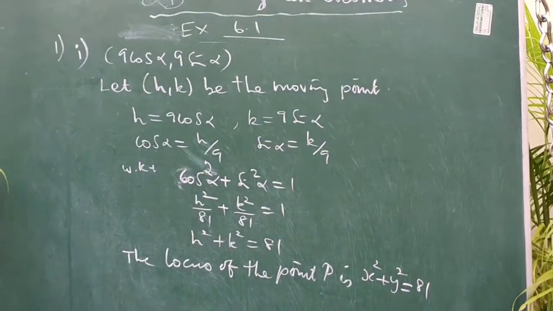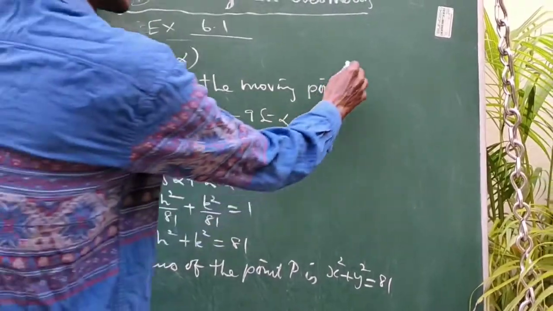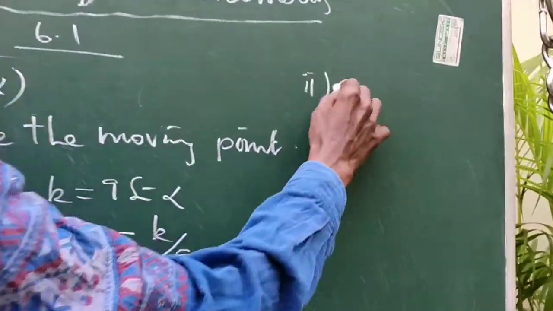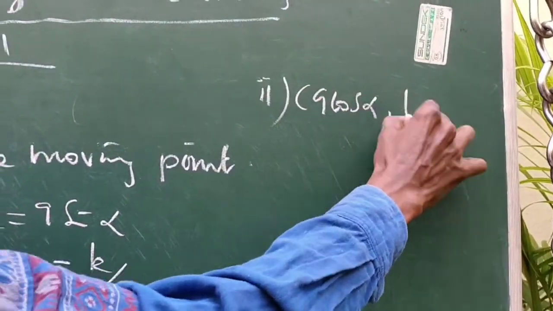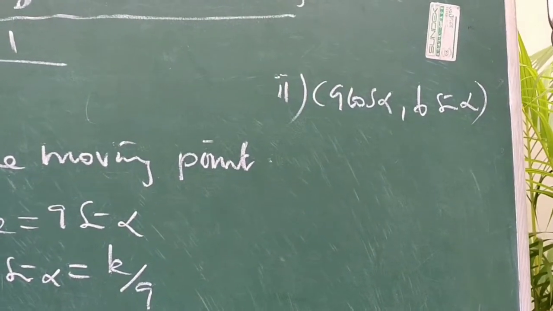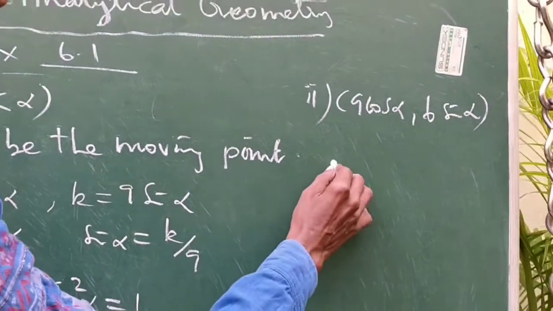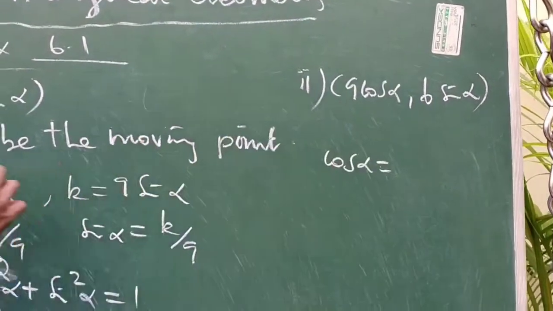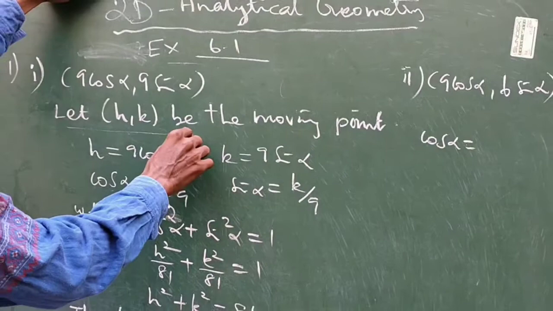Similarly, the second subdivision is given as 9 cos alpha, 6 sin alpha. Use the same procedure. Let us assume h, k is the moving point.